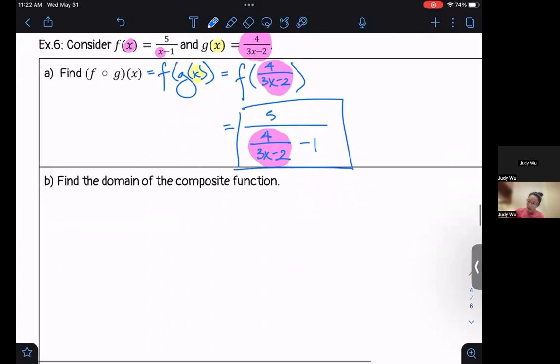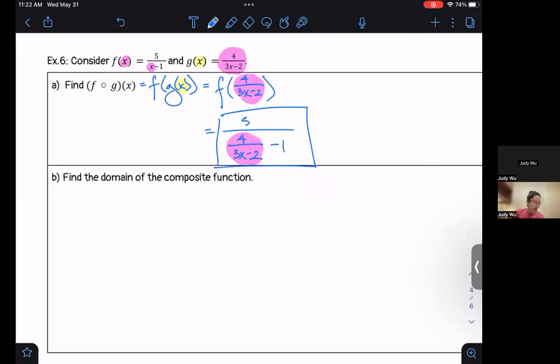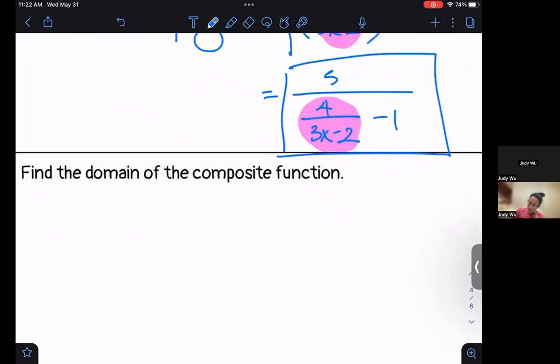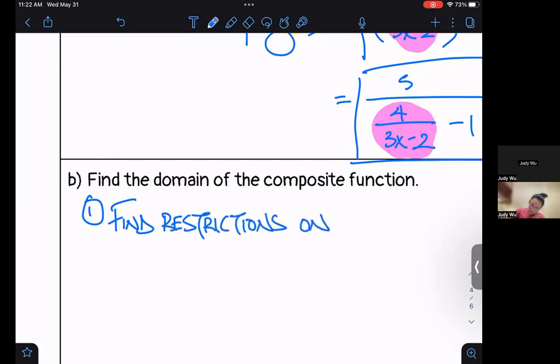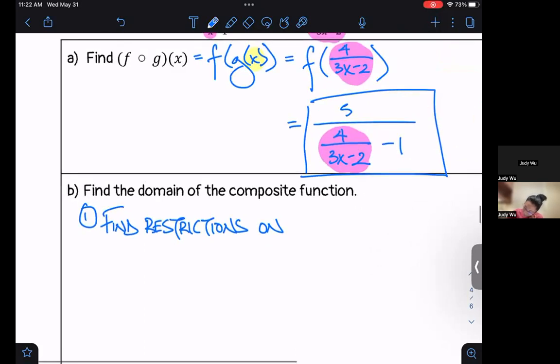Now, let's talk about finding the domain of the composite function, okay? And I have a few suggestions on how to do this. I would say the first thing we should do is find any restrictions on the inner function.